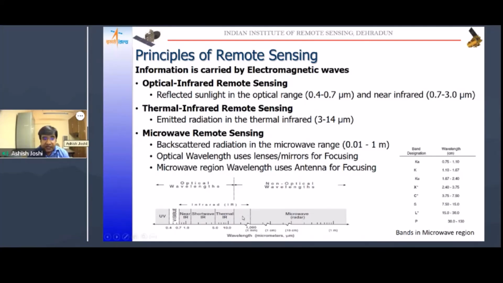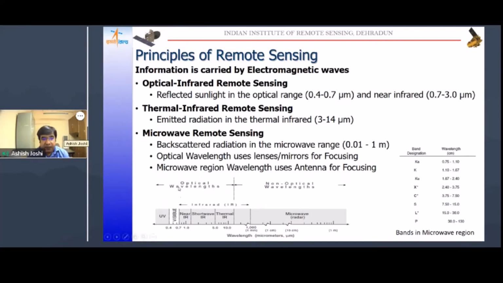So if this is our electromagnetic spectrum, this is called the optical wavelengths, from the visible, near infrared, short infrared, and thermal infrared. This is the optical wavelengths. And this microwave region is non-optical wavelengths. Why optical and non-optical wavelengths?